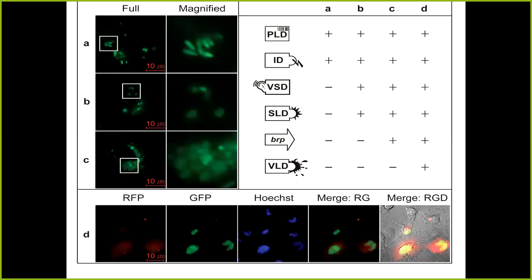Hoechst is just a nuclear stain. Does anybody want to walk through those images to identify what cell structures are lit up? This is the GFP of a payload device.